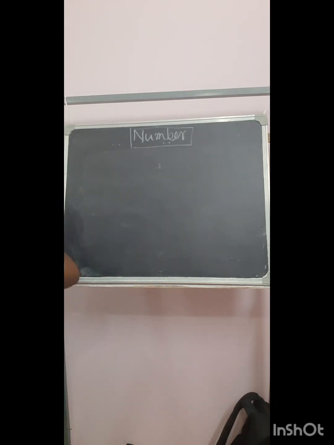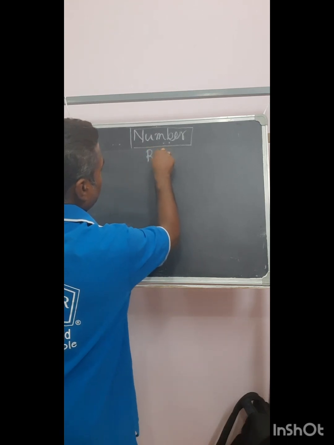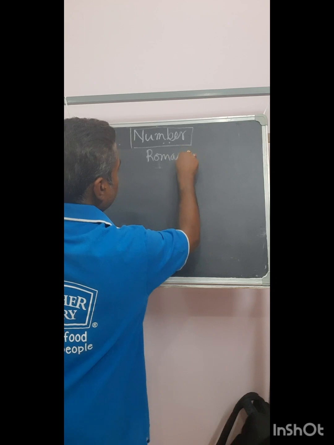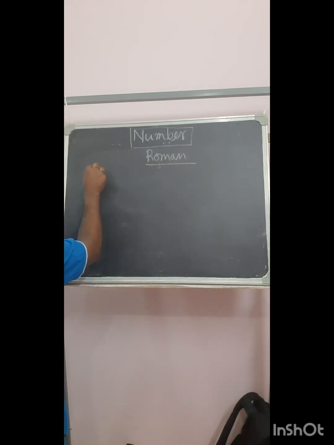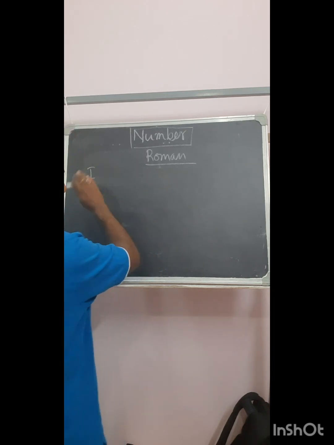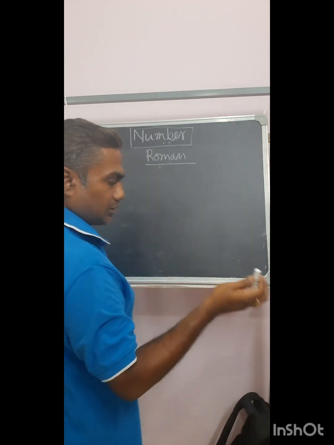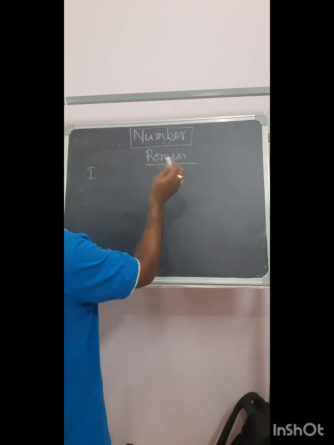Now come to the Roman system. It is a bit unusual and separate, but interesting too. In the Roman system they use symbols, and by combining different symbols they represent all the numbers.